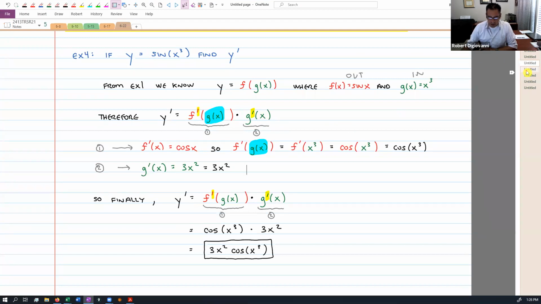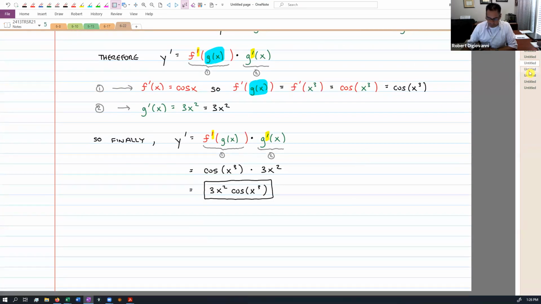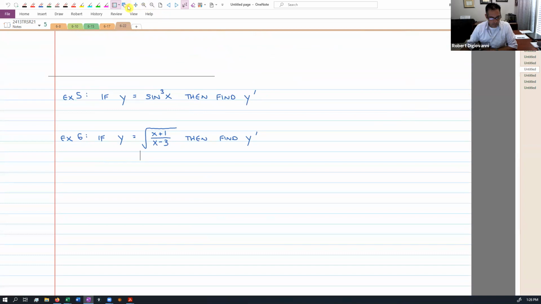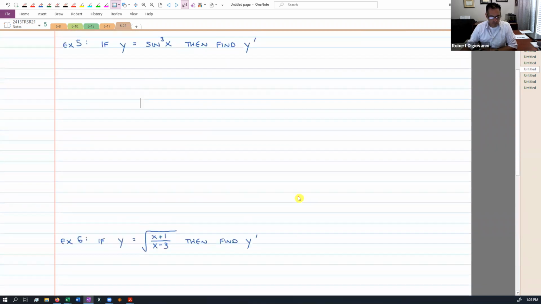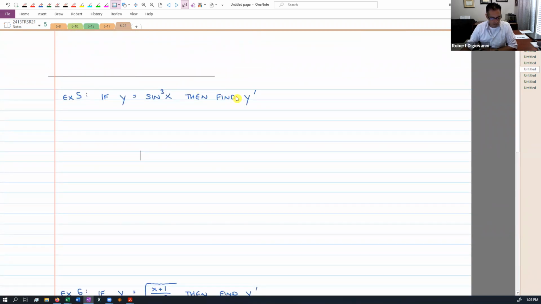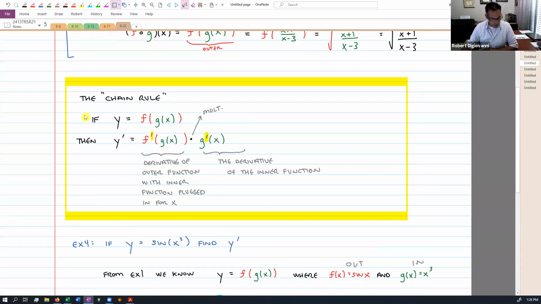Okay, let's do our next example. All right, so I've changed it up for us here a little bit. What I want us to do now is give you a minute to see if you can do this. Try and figure out what's the inner function, what's the outer function, and then see if you can apply the chain rule. I'll grab the chain rule here for you.